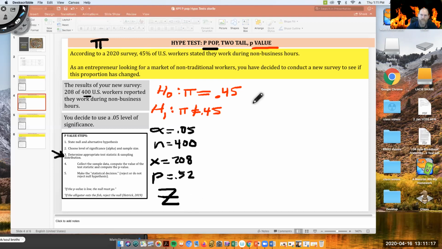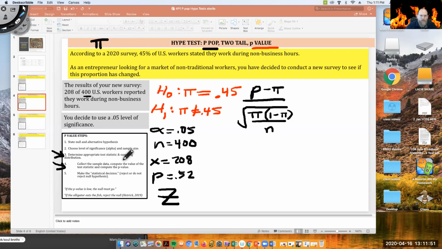And our test statistic is, say it with me now, P minus P pop over the square root of P pop times 1 minus P pop divided by N. And you may be thinking, nothing has changed. This all looks the same. And it is. Okay, so let's keep going.